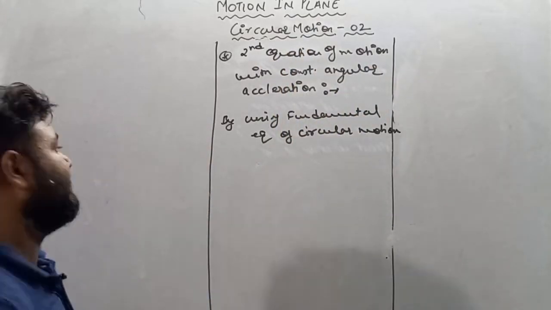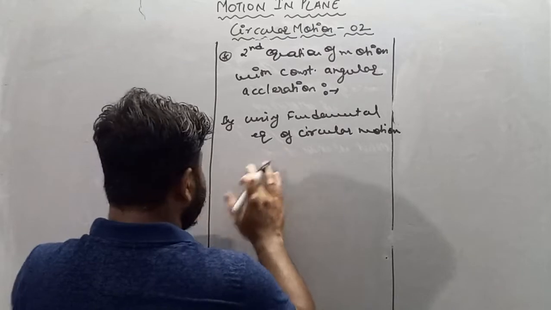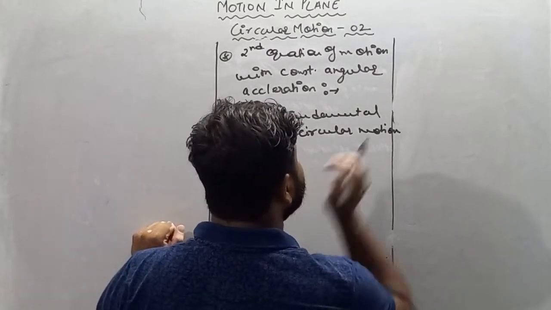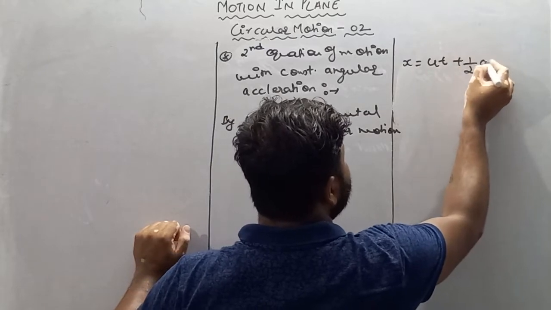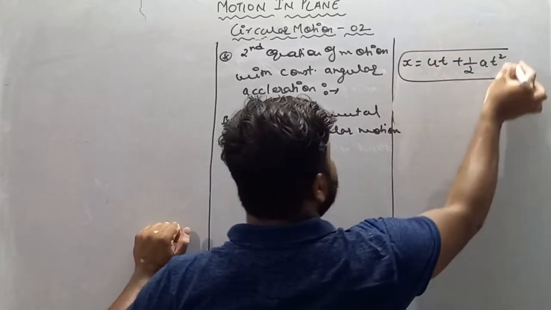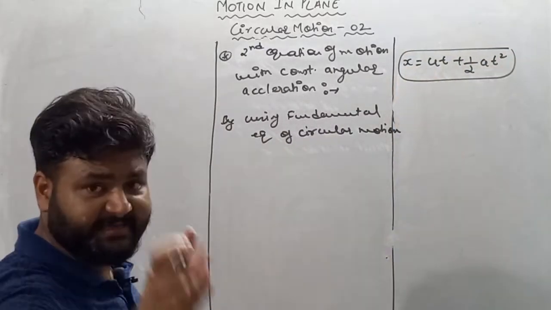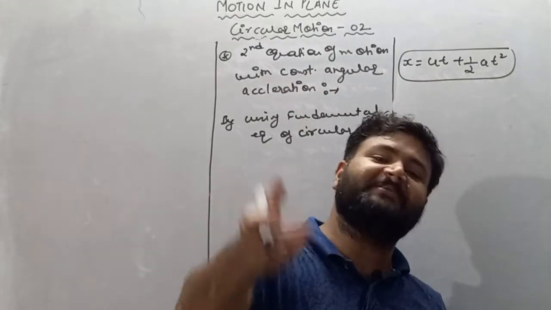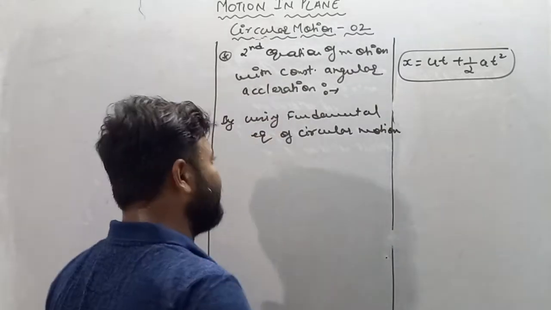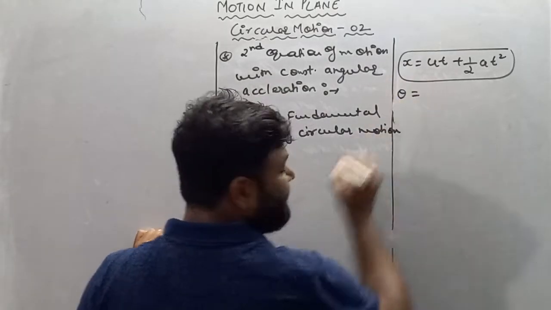With constant angular acceleration. So we know that the second equation is nothing but x is equal to ut plus half at square. As we know, x is displacement. Here we are in circular motion, that's why displacement will be replaced by angular displacement. So instead of x, we'll put theta.